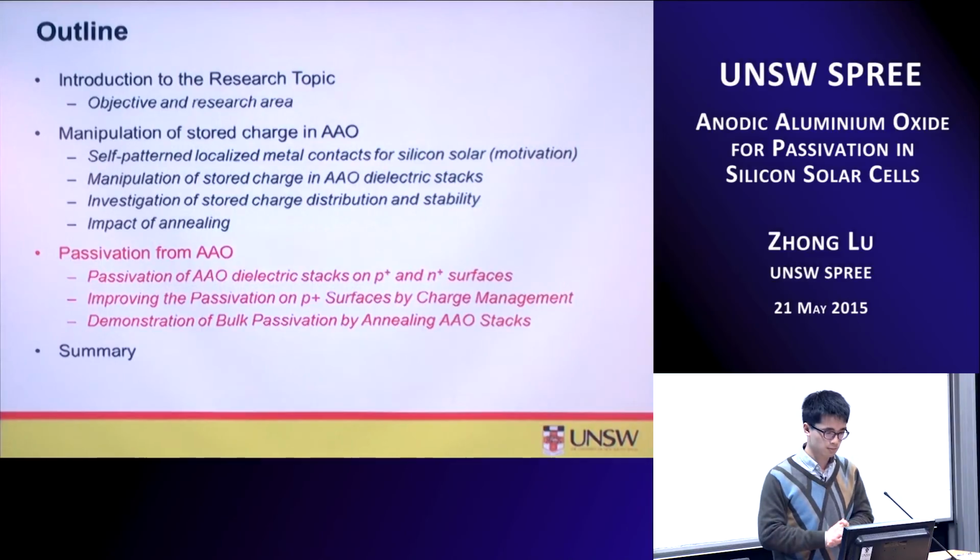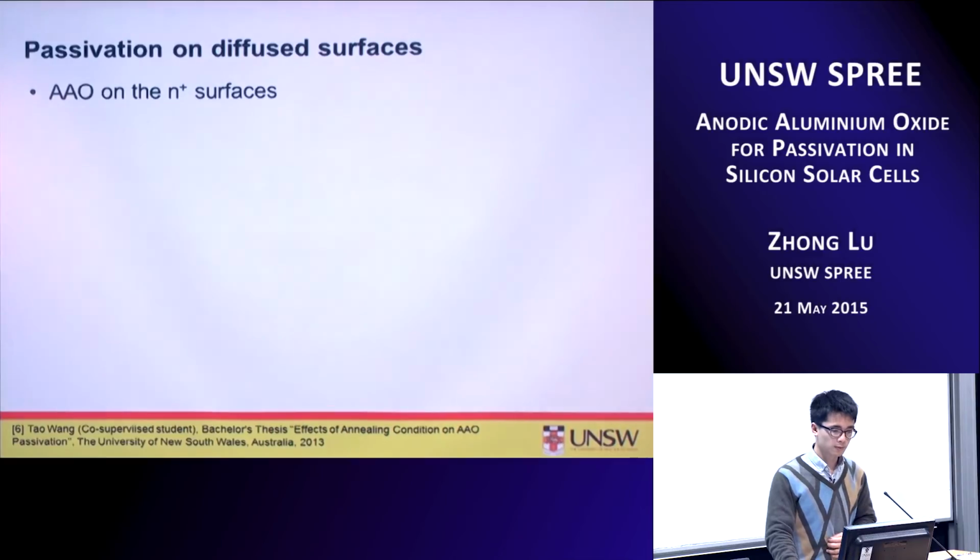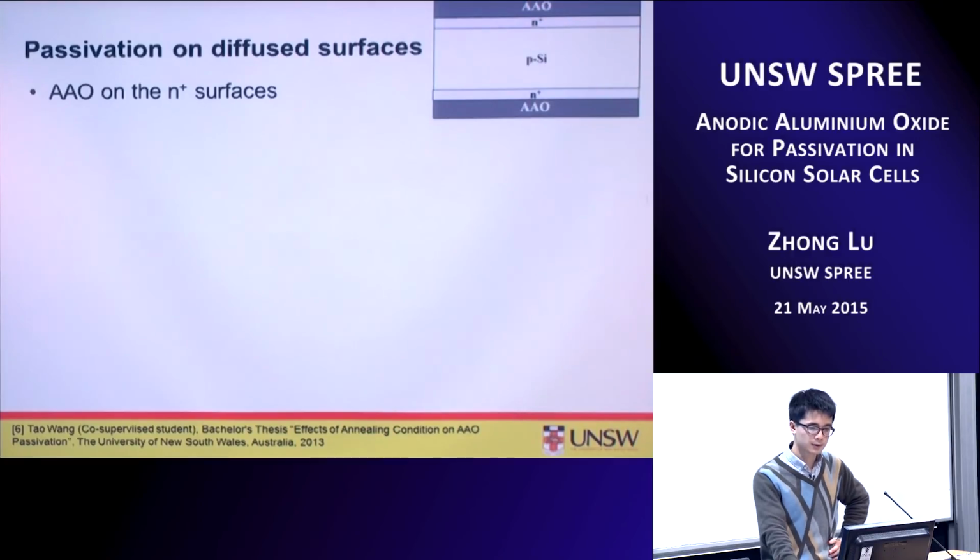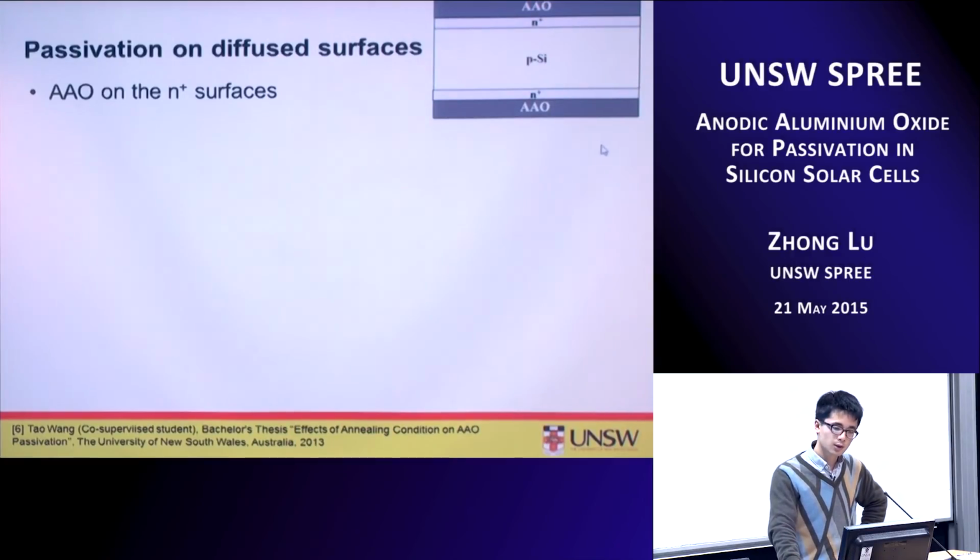All right, we've talked enough about the stored charge, and let's discuss something about the passivation. Firstly, I'll show an example of AO passivating the N plus surface. This is the test structure. We start with a P-type substrate and use phosphorus diffusion to grow an emitter, and then you fabricate AO on both surfaces.